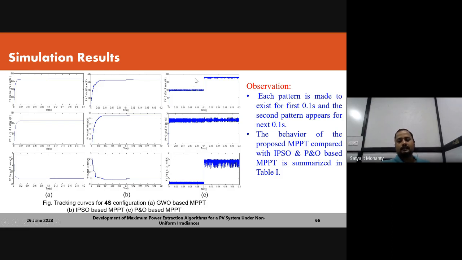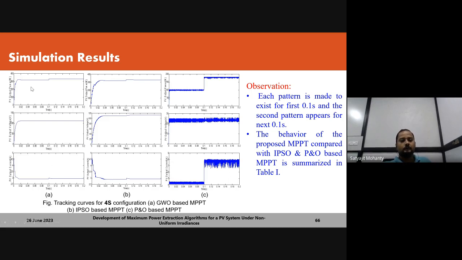And the third is the perturb and observe, the most conventional one, which works best in case of uniform insolation levels. So you can see a lot of oscillations, and it gets confused. Once it tracks a peak, it oscillates over there. That is the demerit of the conventional MPPTs like perturb and observe and incremental conductance.